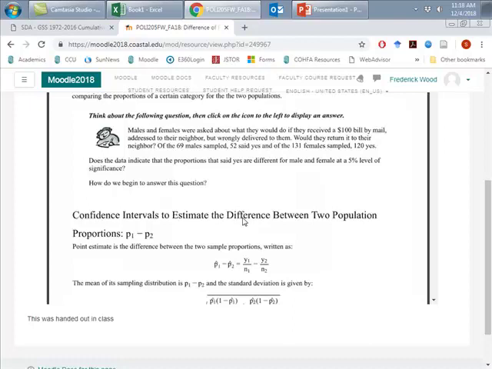Okay, so in 200 respondents, of the 69 males who were sampled, 52 said yes, they would return the money. So 52 successes out of 69 trials. Of the 131 females sampled, 120 said yes. So 120 successes out of 131 trials.